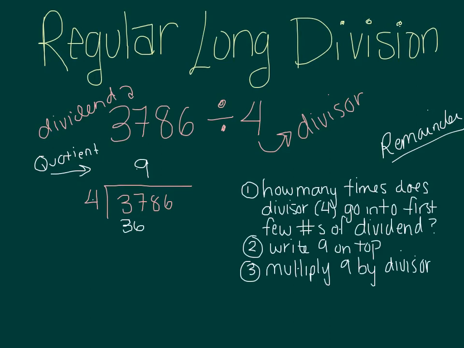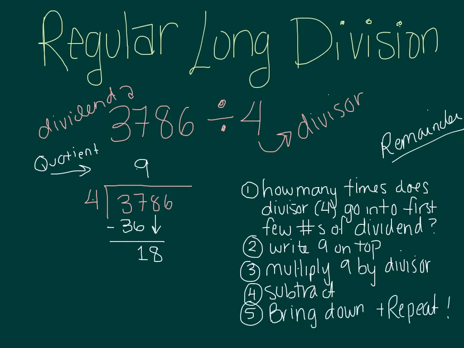You'll notice the steps have appeared on the right, and hopefully those help you. The next thing we do is subtract that answer, 36, from what's above it, and I get a 1. Now I bring down the next number, the 8, write that below, and then I repeat all my steps. Except now I ask myself, how many times does 4 go into 18?